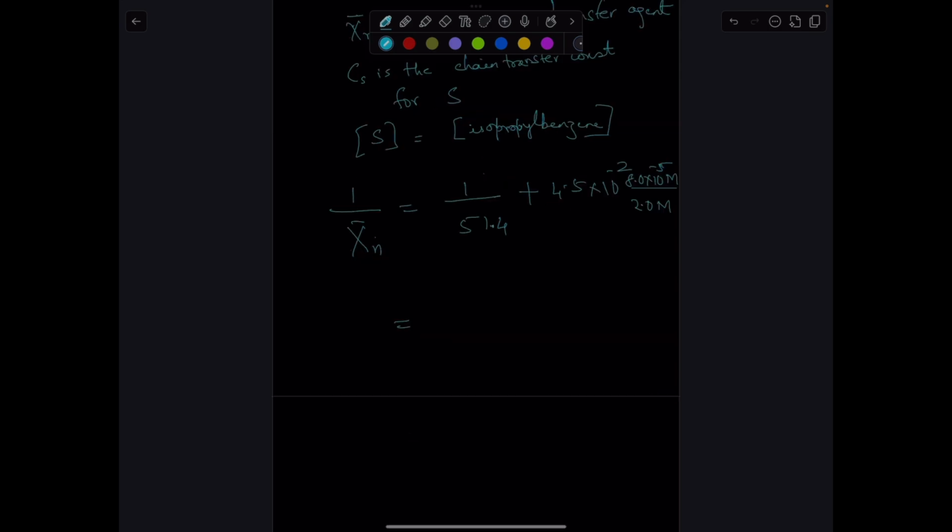This is again equal to 51.4, almost the same value because this quantity is very small. So your Xn is also equal to 51.4.